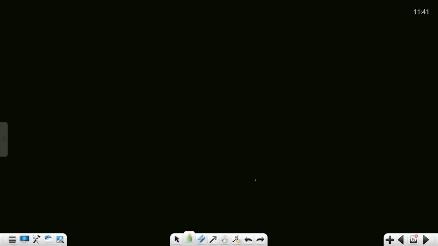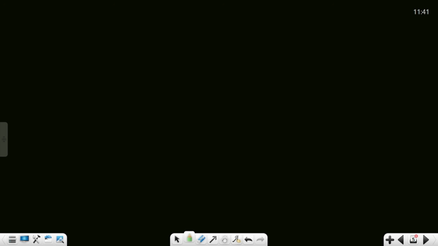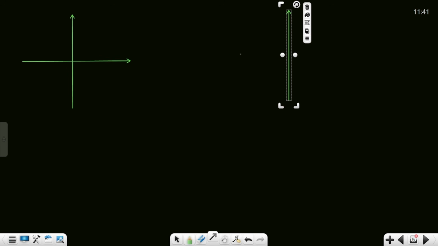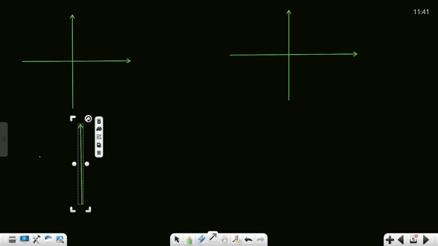Okay, so here we will be talking about 4 cases of how to find out the argument. We have learned what is argument, and now how we will find out the argument. See, first let's draw the 4 Argand planes, because we will be discussing 4 cases.